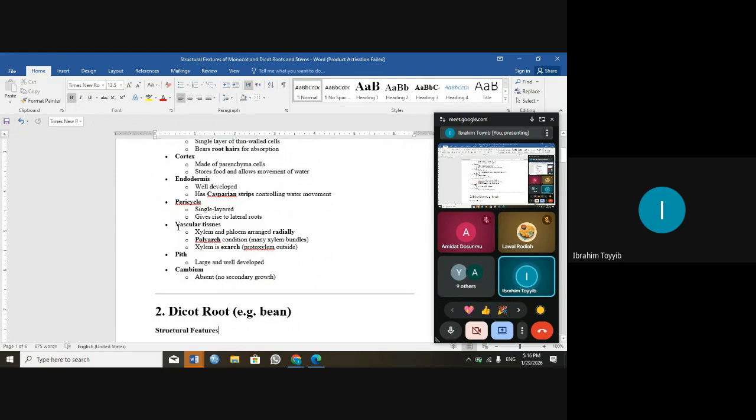Then we have vascular tissues in the inner part, referring to xylem and phloem. In some cases it is joined with vascular cambium, but cambium is absent in monocot.